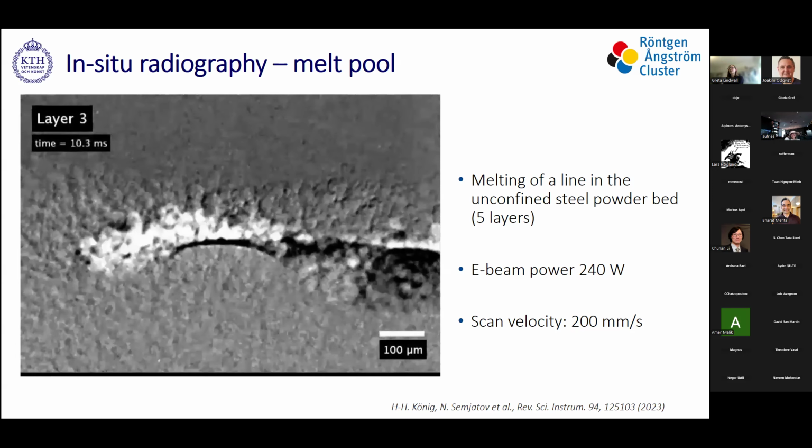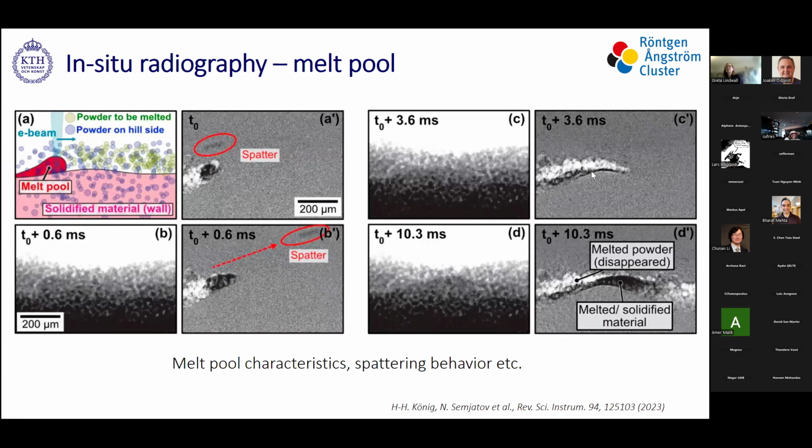We see the density contrast and how it changes as the electron beam melts the powder. And I have here still images of this. Here's first the schematic. We have the powder hill, and then the melt pool, and the electron beam will melt some of the powder, the green parts, and there will still be powder on the side that we will see.